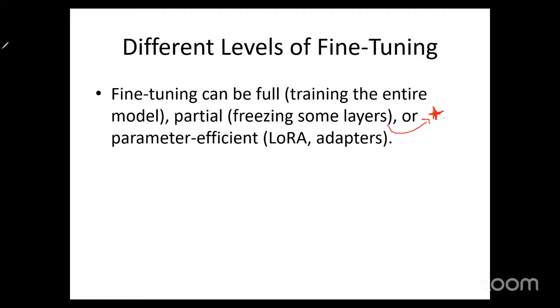And then comes parameter efficient. In this we have LoRA, which basically means low rank adaptation. And we have one more thing called adapter layers as well. We will see specifically what it does.